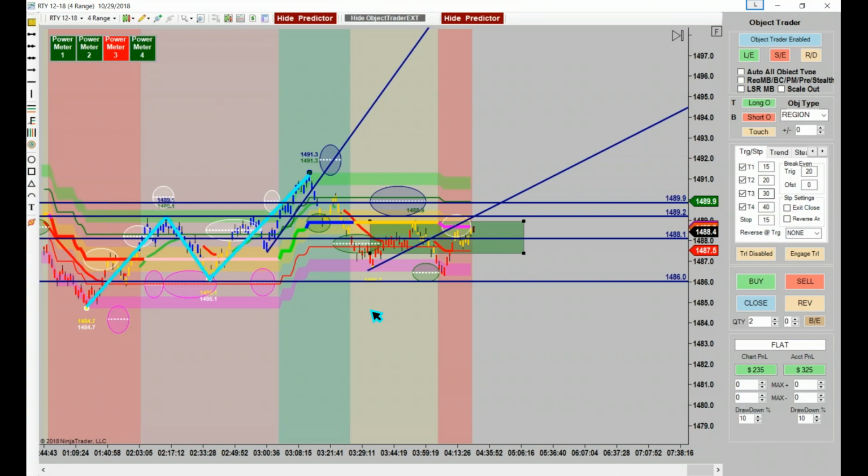We're boxing in around mid-band. Which way do you think it'll go? I'm kind of leaning actually towards the long, actually. More than likely it'll go up, yeah.